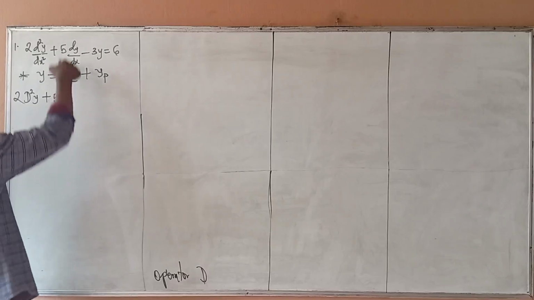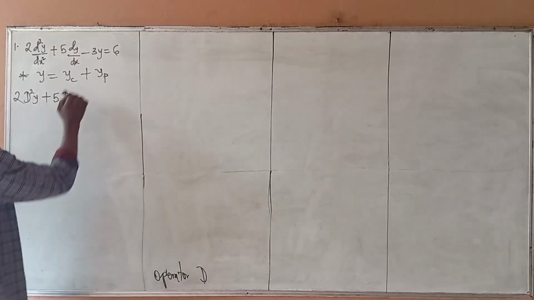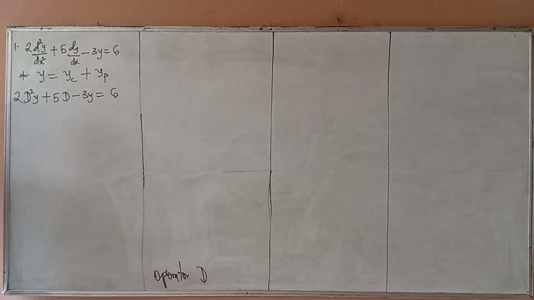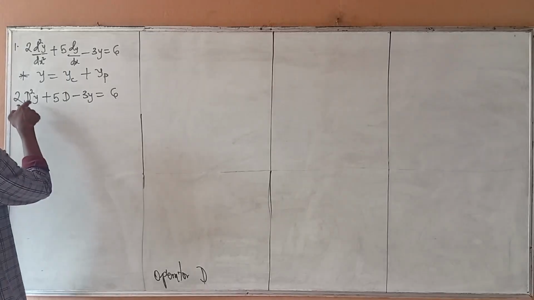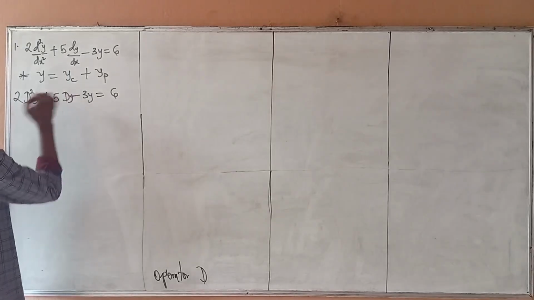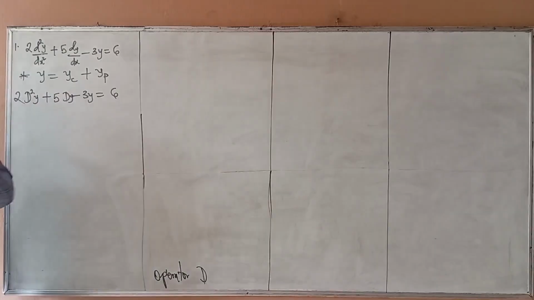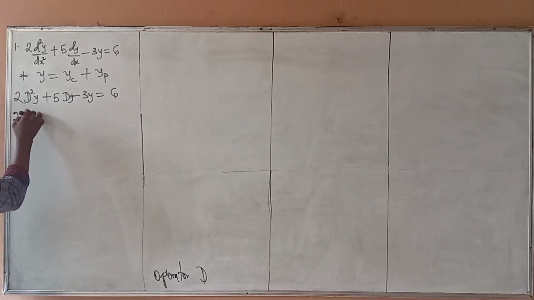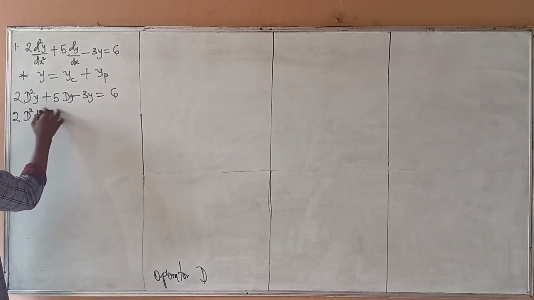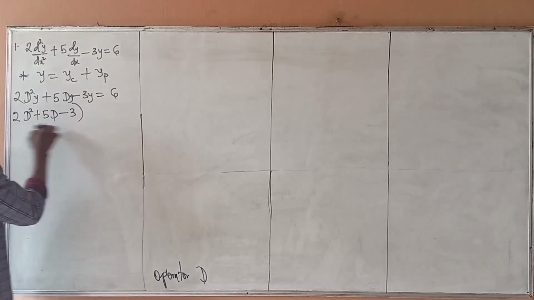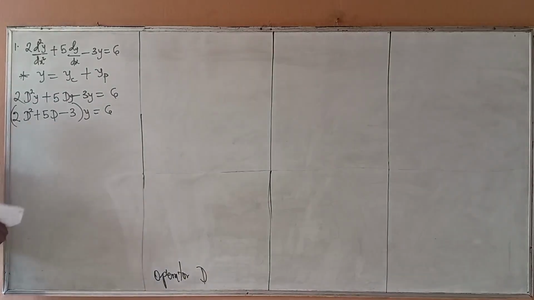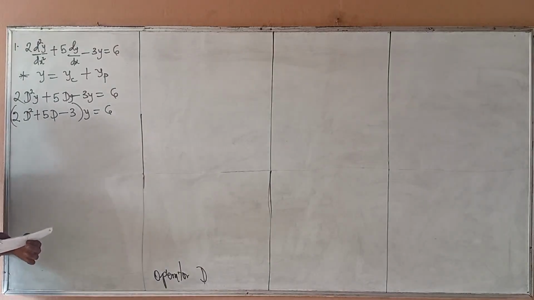Then D represents d/dx, minus 3y equals 6 in D operator form. The y is common, so I can factor it out. This will be (2D² + 5D − 3) all into what? y equals 6. From here, we now determine the auxiliary equation.